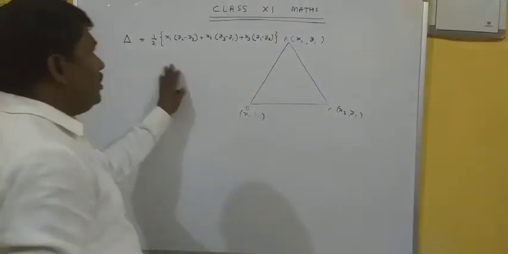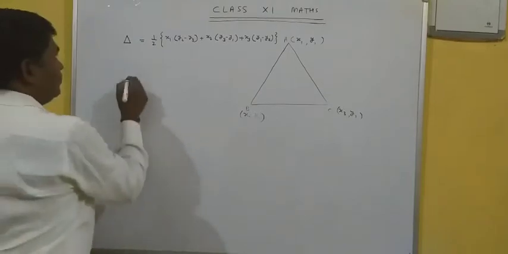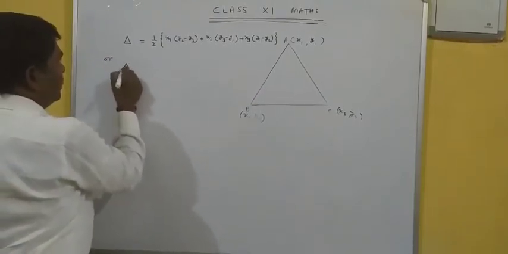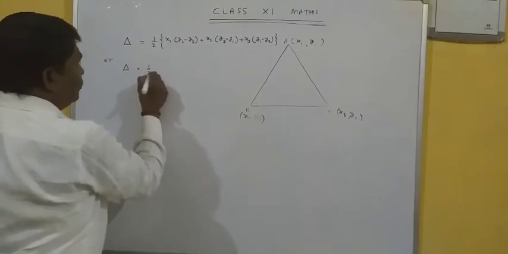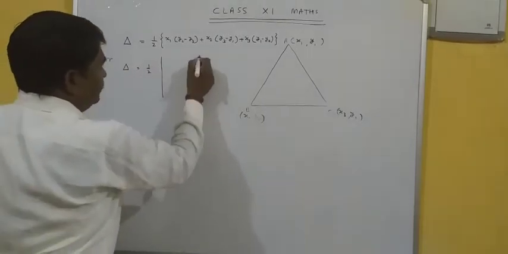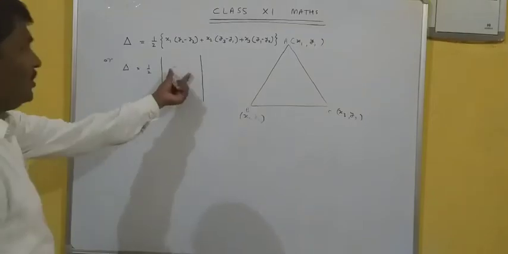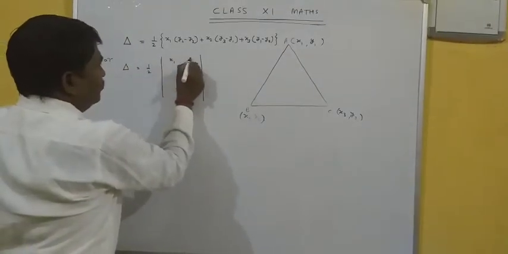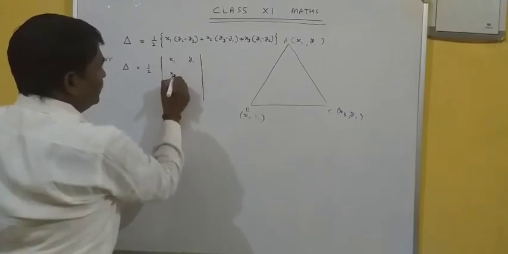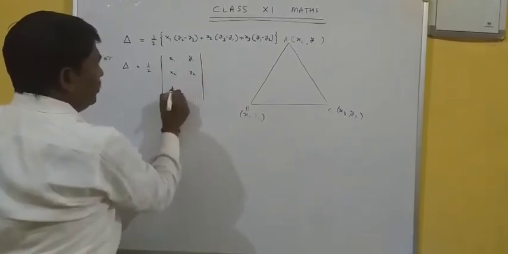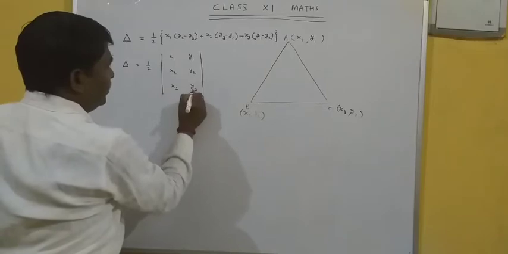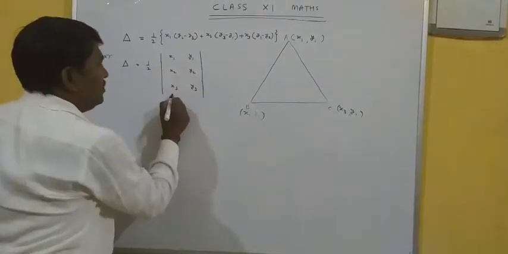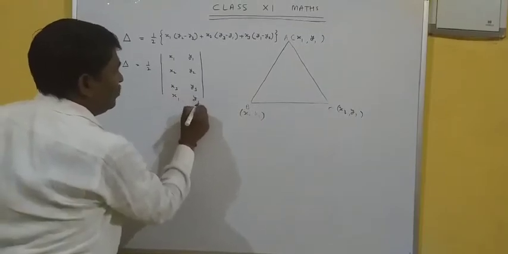The same formula can be written in this way: delta is equal to 1 by 2, and thereafter like this. How to write here? First coordinate x1 y1, thereafter second x2 y2, thereafter third x3 y3, and finally you have to repeat the first one, x1 y1.